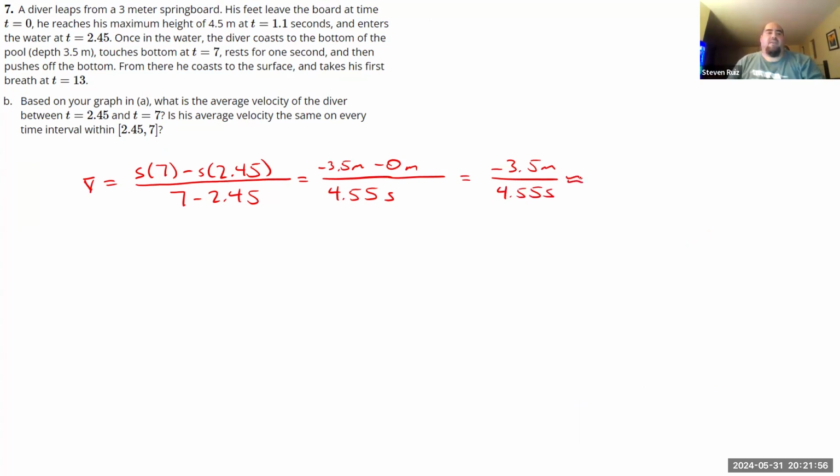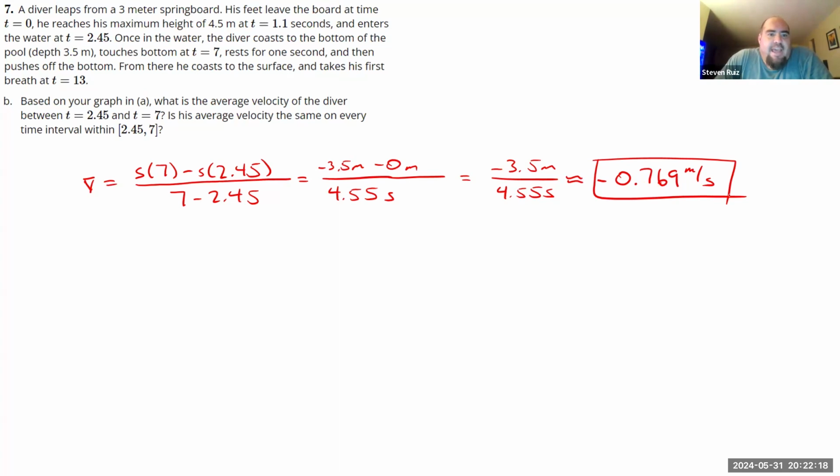Let's go ahead and calculate that. 3.5 divided by 4.55 is negative 0.769, and our unit should be meters per second. So this is our average velocity over that time span. So that's the calculation they wanted.